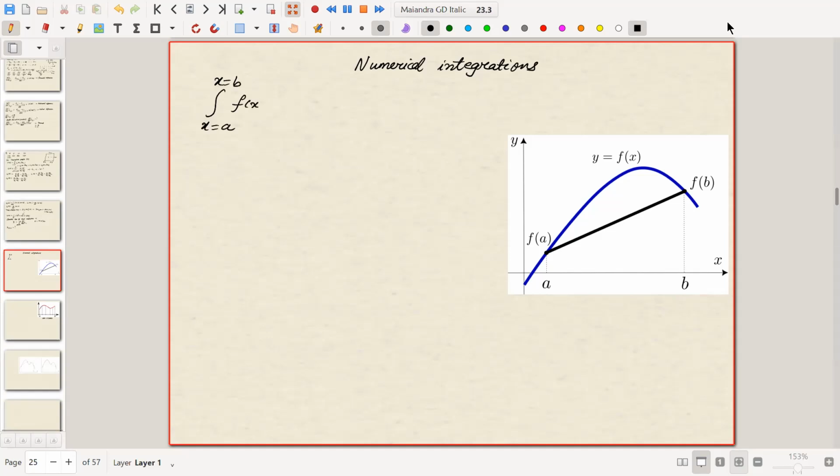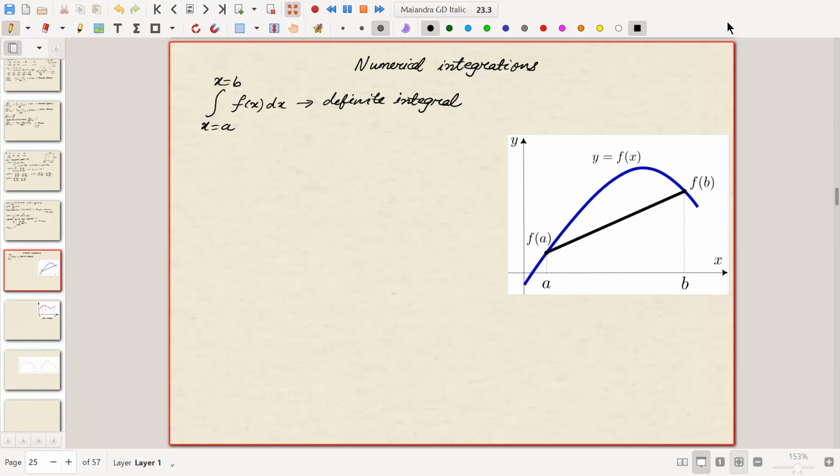So we will be dealing with integrals of this type, that is, definite integrals, because these are numbers and numerical integration is all about numbers. Without these limits, we can't solve the integration using numerical integration methods.